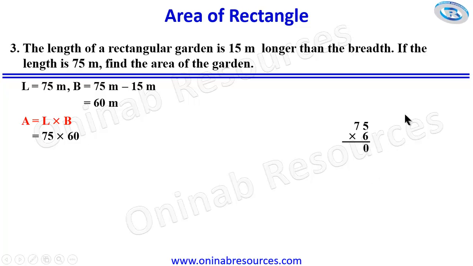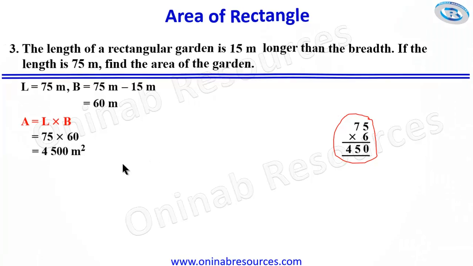I write 0, carry 3. 7 times 6 gives 42 plus the 3 we carried gives 45. So 75 times 6 gives 450. We then add the 0 behind, giving us the area to be 4,500 square meters. This is the 450. I added this 0. That's all for the solution of problem 3.